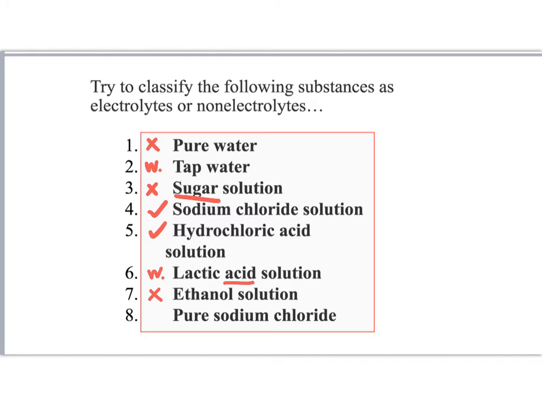Pure sodium chloride, meaning the solid, just table salt, will not conduct electricity. Ionic compounds will only conduct electricity if they're dissolved or if they are melted. They will not conduct electricity in the solid form because the ions are not free to move.